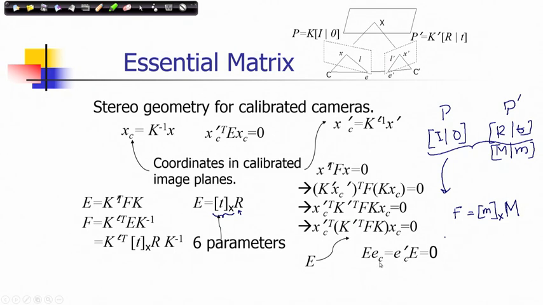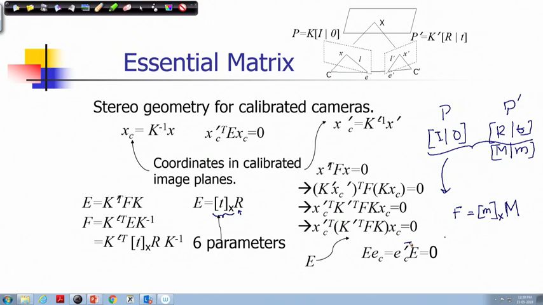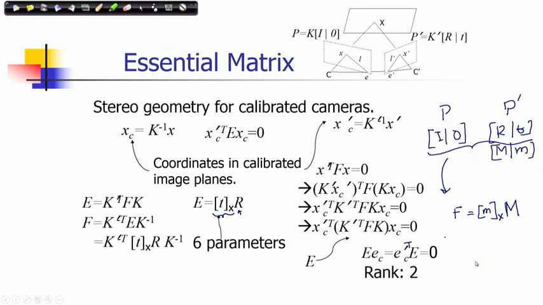This is a right null vector and this is a left null vector. There should be a transpose here, because it is a left null vector, so you have to take the transpose operation. Its rank is also 2, like F.